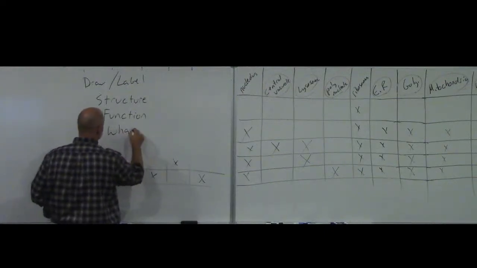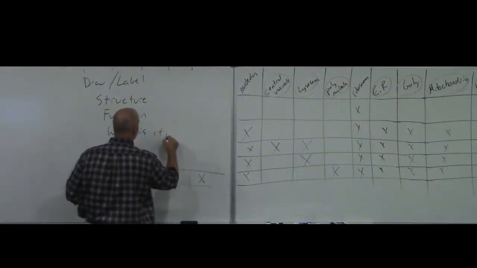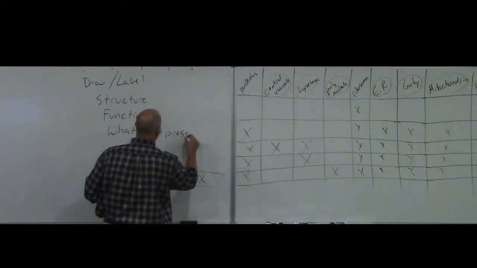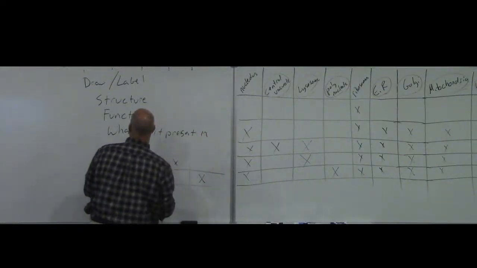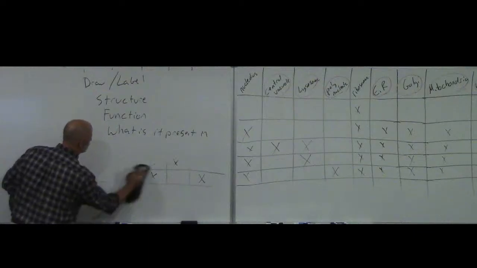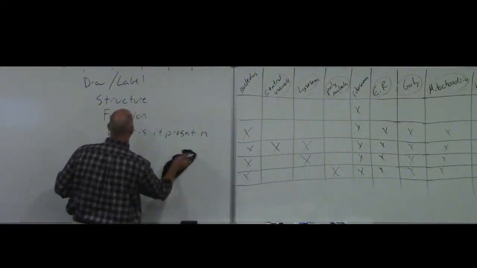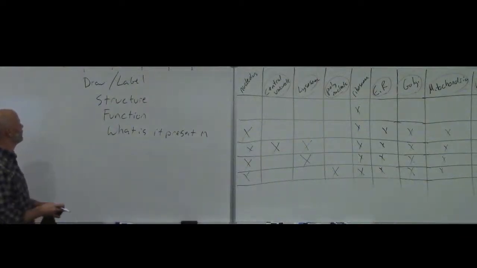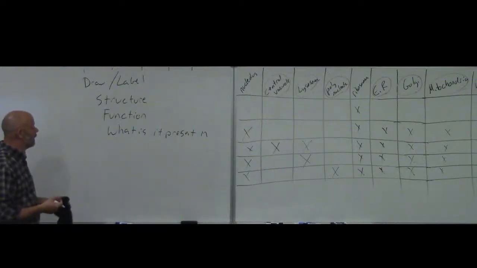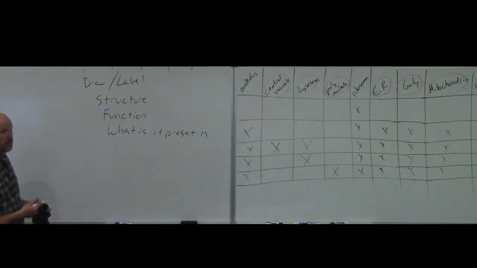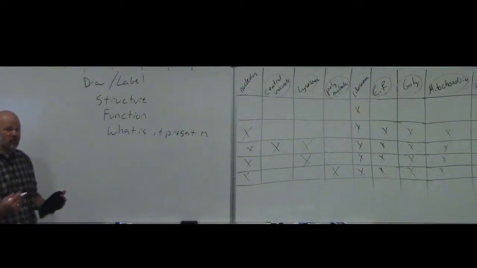Which types? What else do you need to know? Draw, label, structure, function. What is it present in? That's pretty good. You should be able to compare and contrast.